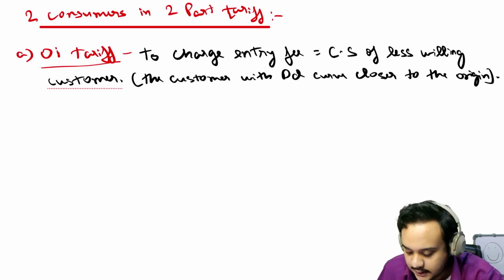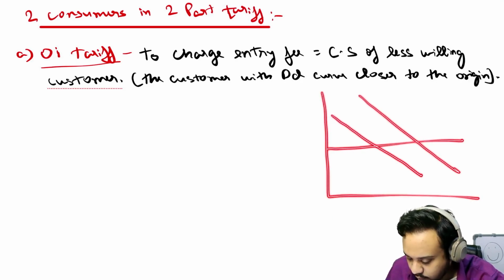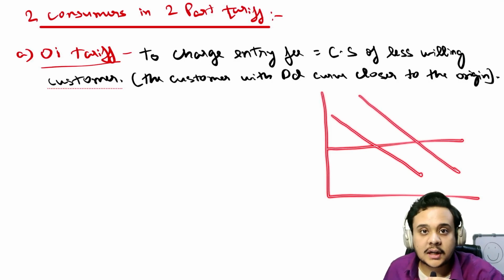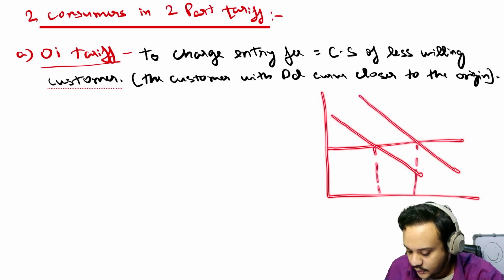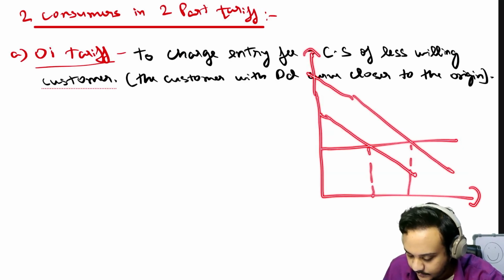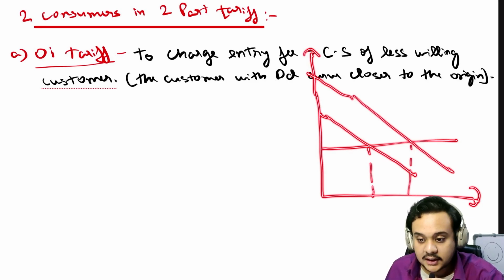Suppose you have a horizontal MC and two downward sloping demand curves for two customers. Okay, so if you put the entry fee equal to the consumer surplus of the second customer, the customer with the higher demand, who has more quantity demanded and the higher demand curve, what is going to happen?